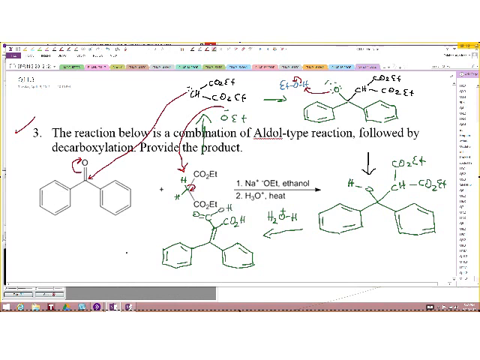Okay. So at this point, when you apply the heat, you are going to do the decarboxylation, which is your typical malonic ester synthesis type reaction. Okay, so what happens? We lose this here, carbon dioxide, and this hydrogen here.